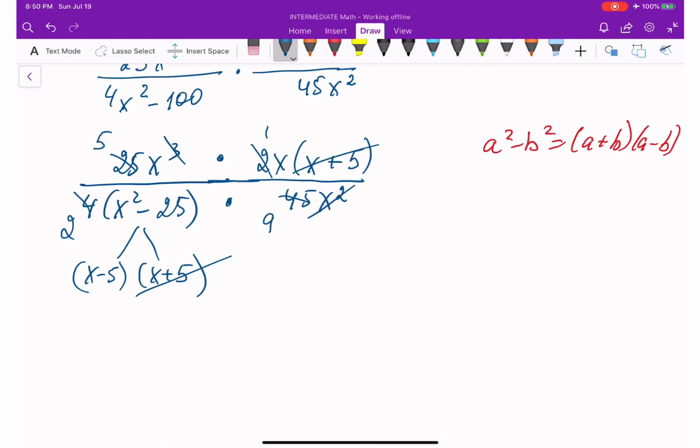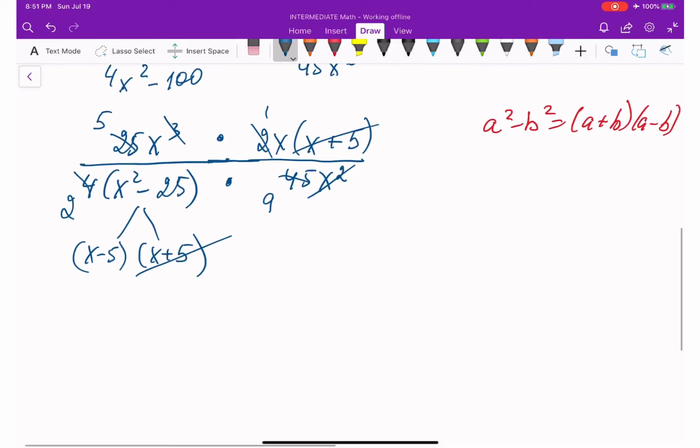Now let's write down nice and clean whatever is left. Let's watch carefully not to leave out anything. 5 times x, it's going to be squared because here we have x left and here we have x left, so it's going to be x². So that's it on top, in the numerator.